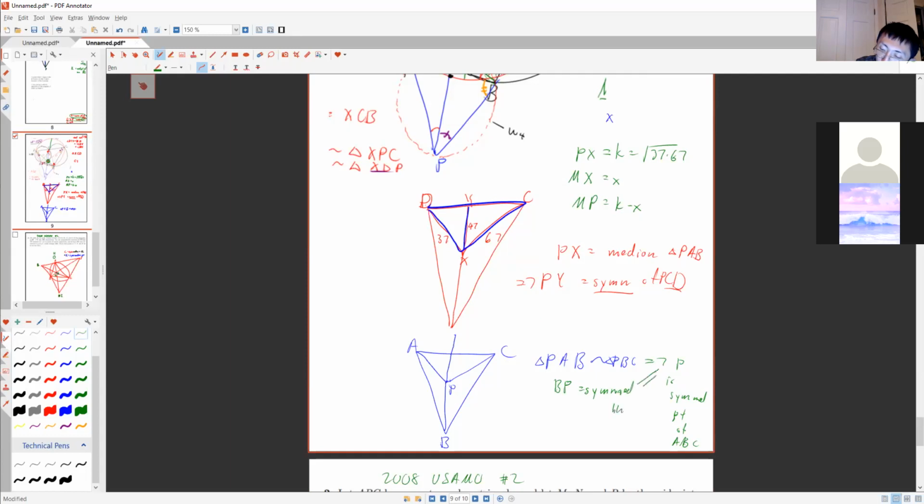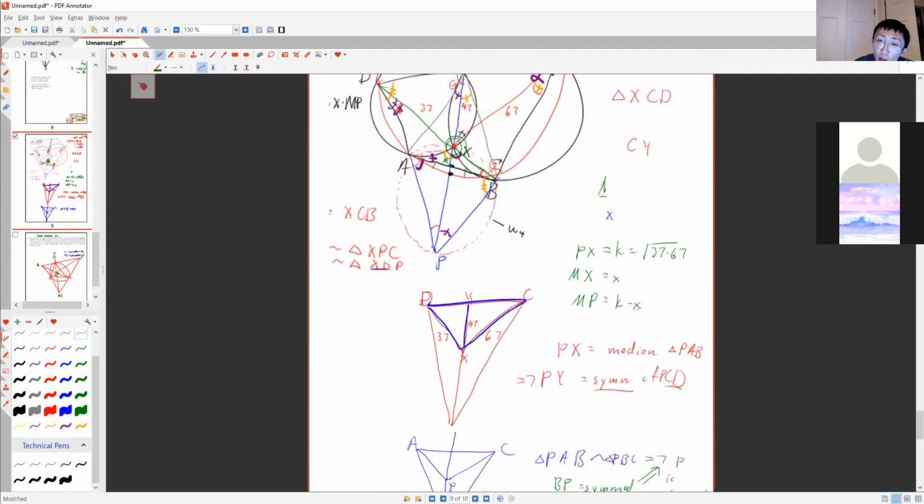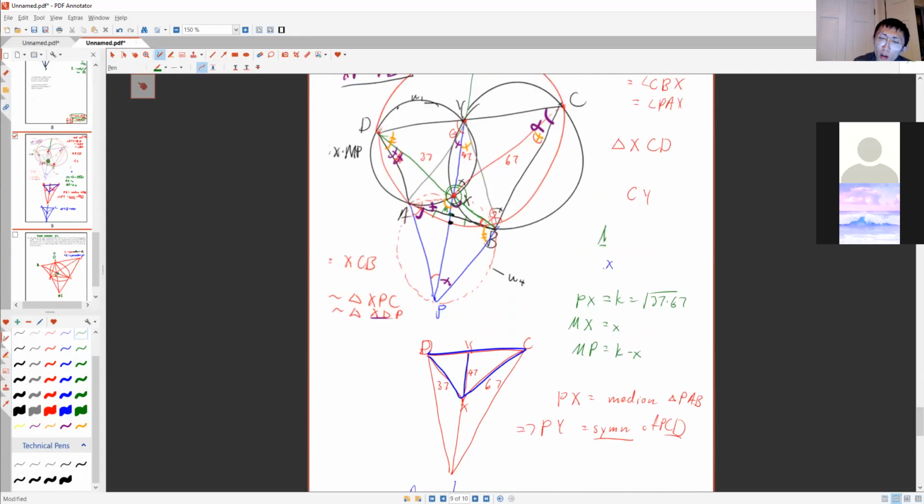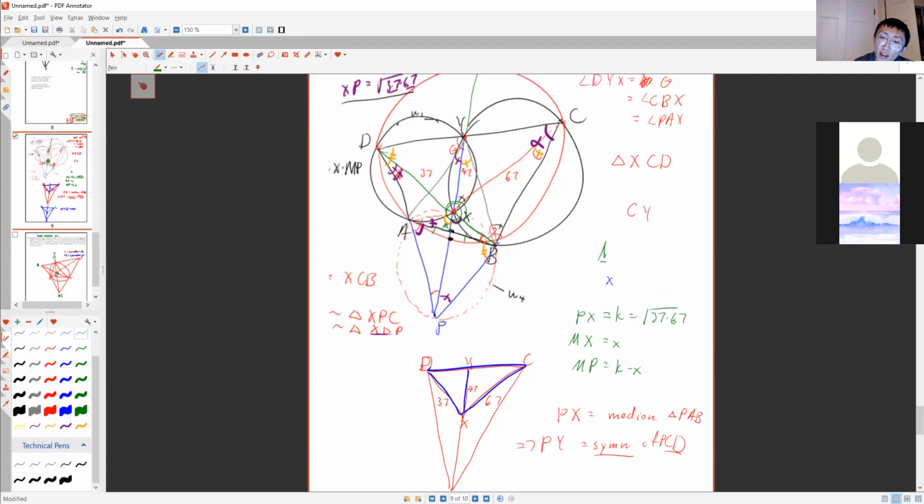So you need both together to make that conclusion. There's probably some projective geometry fact that would be useful here that I am not familiar with. So let's see.